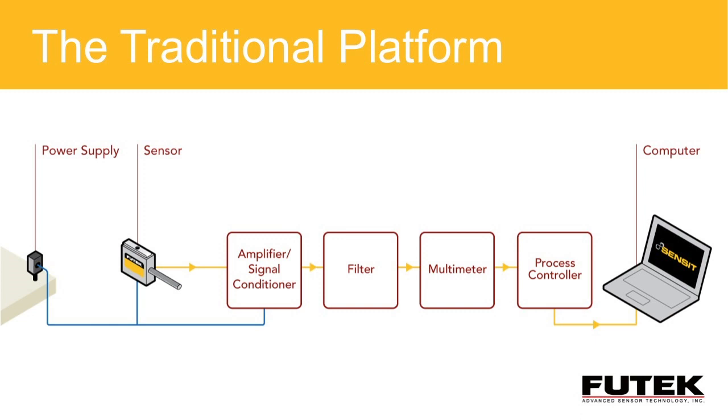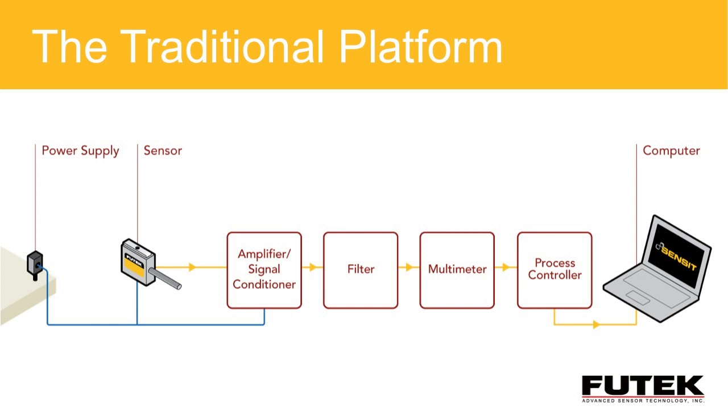FUTEK's objective in utilizing USB as our platform was, one, to provide a more standardized approach to the marketplace, and to minimize the number of components to get us from that analog force measurement in this case to the digital world via USB.